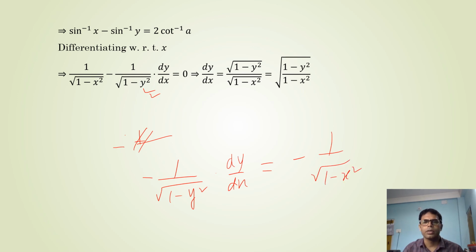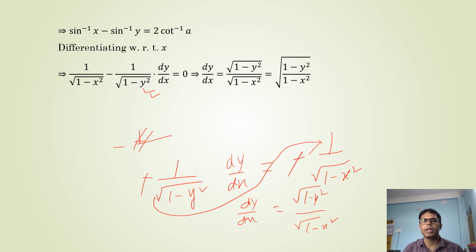So this minus and minus cancel. Then cross multiply the two terms to the numerator. So I can write dy dx is equal to simply root over 1 minus y square divided by root over 1 minus x square. I think you can confirm this.